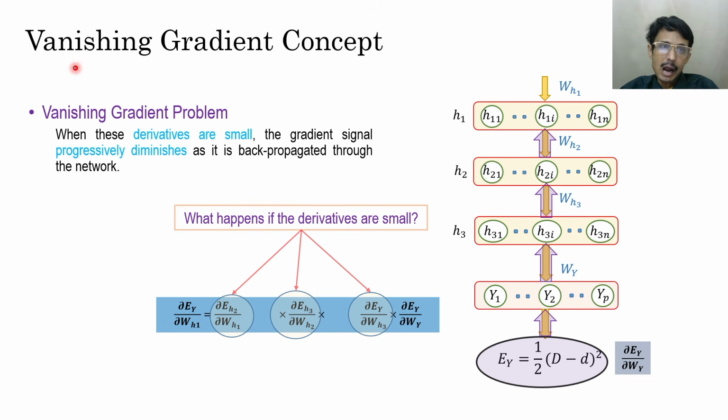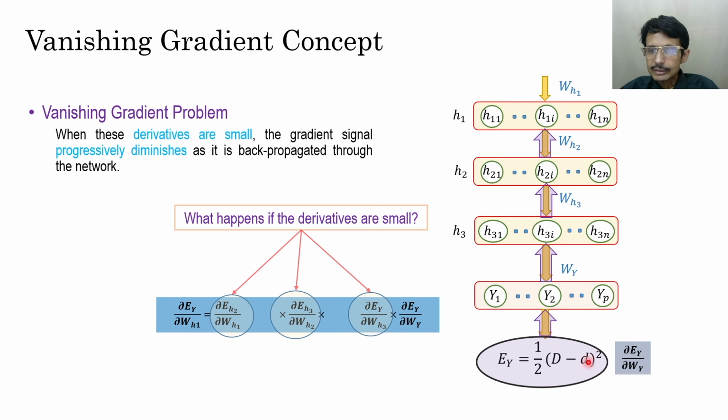Now comes how it affects the vanishing gradient concept. This is a bit involved. As you recall, what is the vanishing gradient problem? This is the simple thing: this is the forward pass, this is the back propagation.